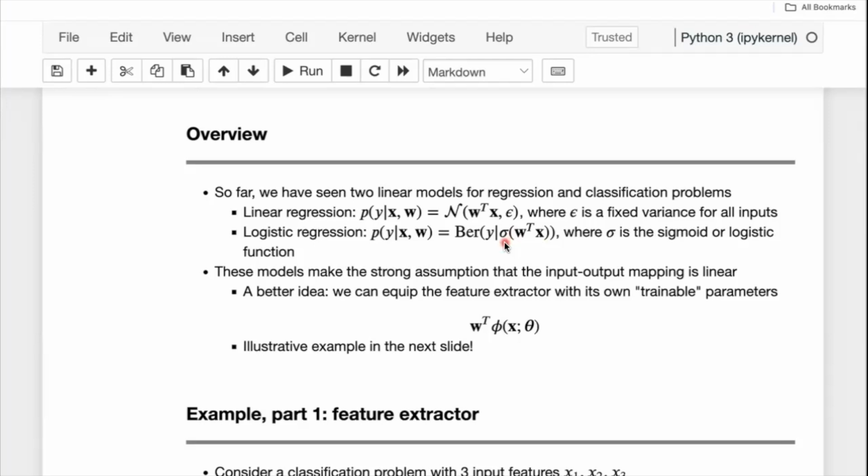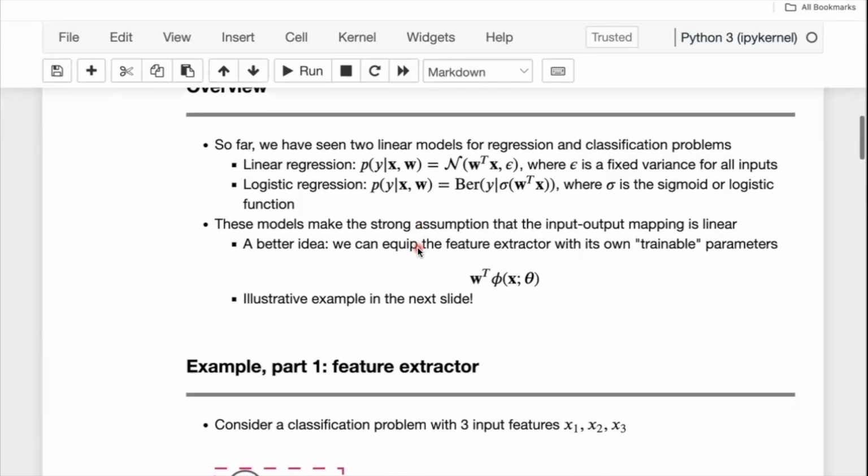This sigmoid or logistic function is essential here to make sure that this parameter of the Bernoulli distribution is valid, in the sense that this is the probability that y takes on the value 1, and 1 minus this probability is the probability for y equals 0. So this completely defines the logistic regression model for binary classification problems.